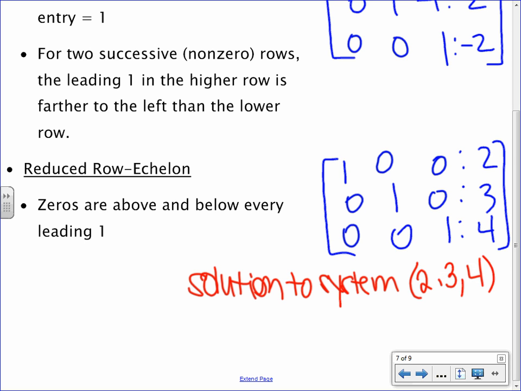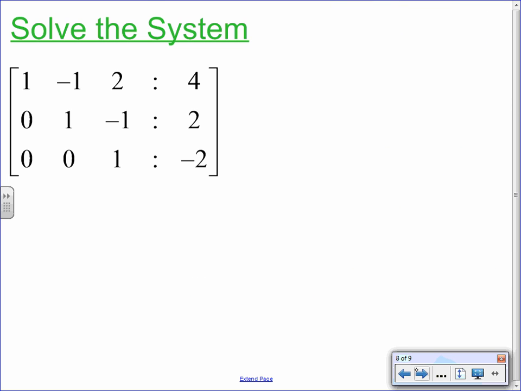One last example, and then I'll get you to your homework and teacher recommendation. Please write this augmented matrix down. What form is this in, Aaron?